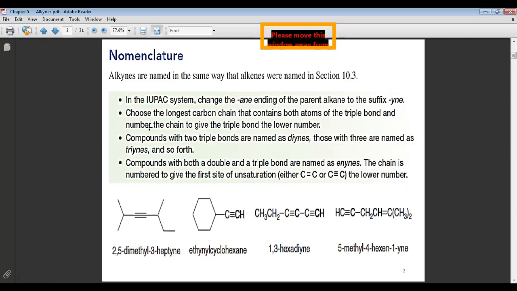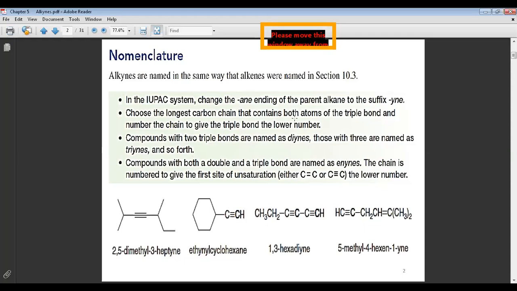Okay. Now, a compound with two triple bonds or more will be called diyne, yes, we know that, or triyne. Okay, diyne or triyne, like this diyne, also this diyne. Compounds with both a double bond and a triple bond are named as enynes. Okay, do we have an example here?